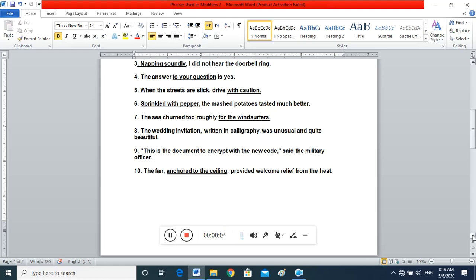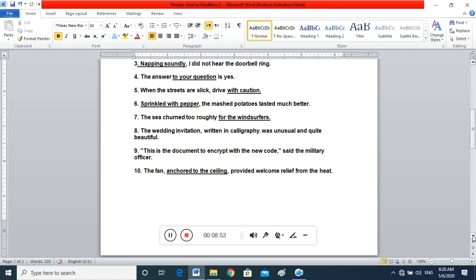So this phrase here acts as an adjective. Number 9. This is the document to encrypt with the new code, said the military officer. To encrypt with the new code, this is our phrase. It's an infinitive phrase. It describes the word document, so it is used as an adjective. Draw the arrow from to encrypt to the word document.